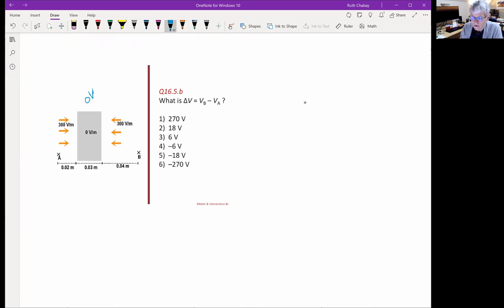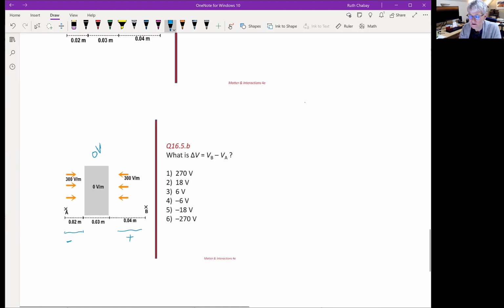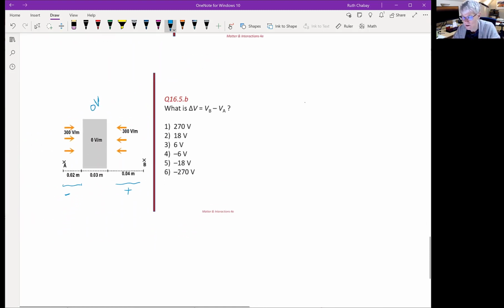But here we're moving 0.02 meters in the direction of the field, so that's going to be negative. Here we're moving 0.04 meters opposite to the field. That's going to be positive. The magnitude of the fields are the same, so the positive number is going to be bigger than the negative number, and so our answer should actually come out positive, but let's work it out.